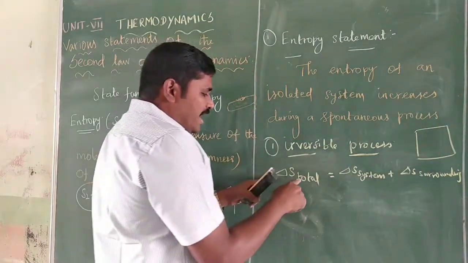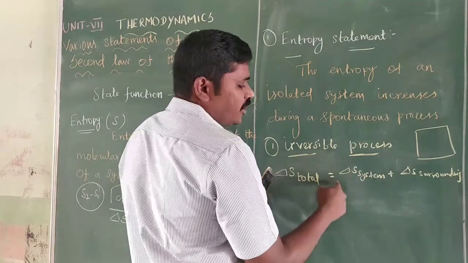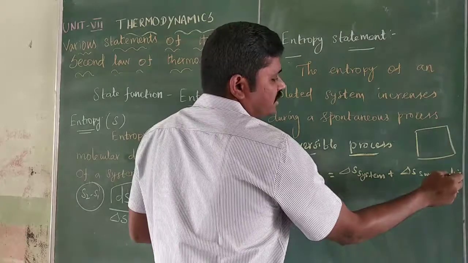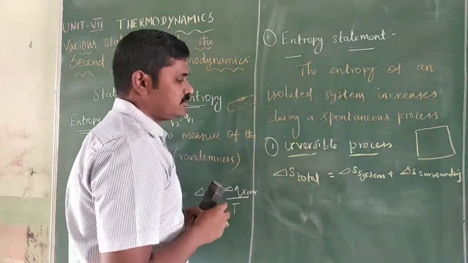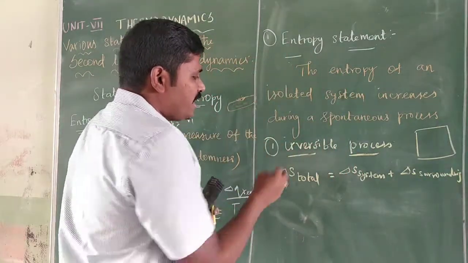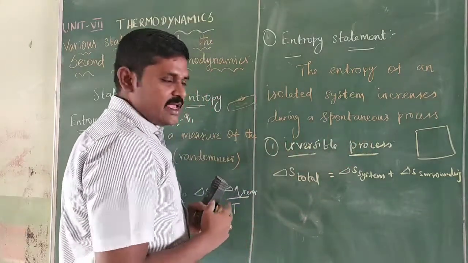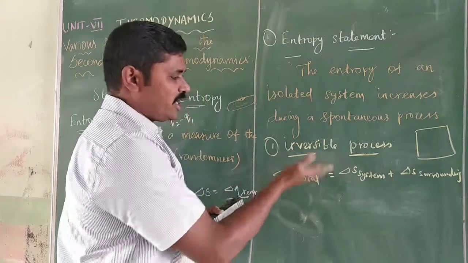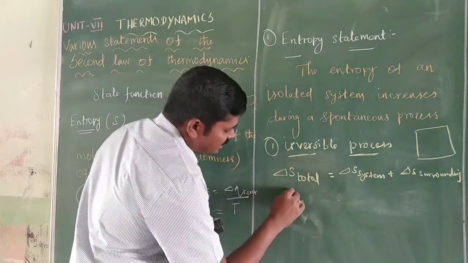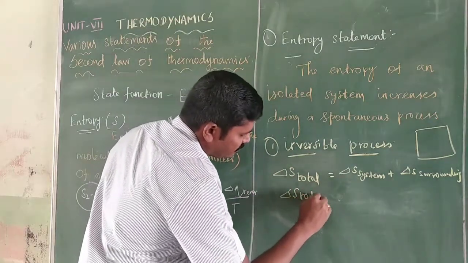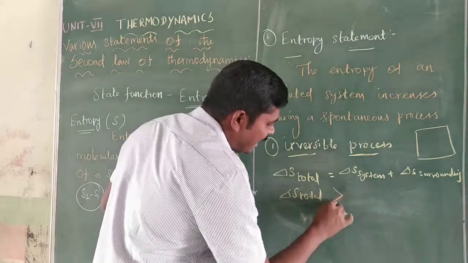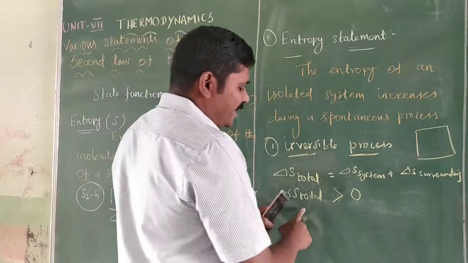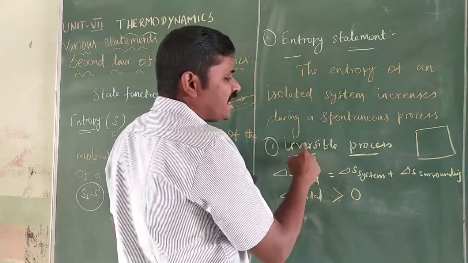The total entropy change is the sum of the entropy change of the system and the entropy change of the surrounding. It is an irreversible, spontaneous process, so del S total is always greater than 0. The entropy change is always greater than 0 in an irreversible process.